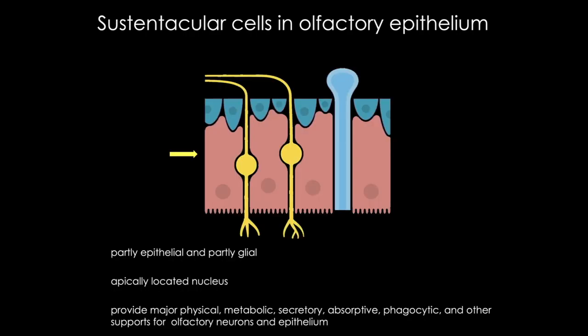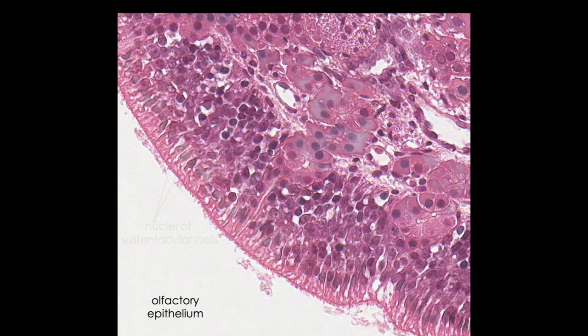The next cell type is the sustentacular cell. This is actually a really cool cell. These cells are kind of partially epithelial and partially glial, and they have these interesting apically located nuclei that you can see in this H&E stained section. So here I'm pointing out nuclei of two different cells, and here you can see that these apical nuclei are lined up more or less in a row close to that apical surface.